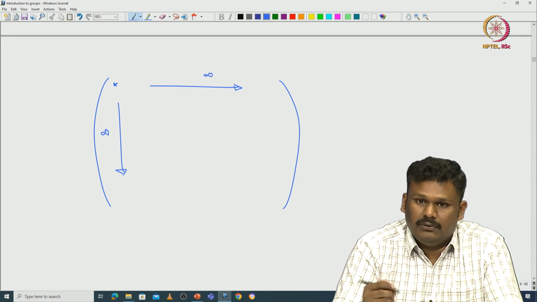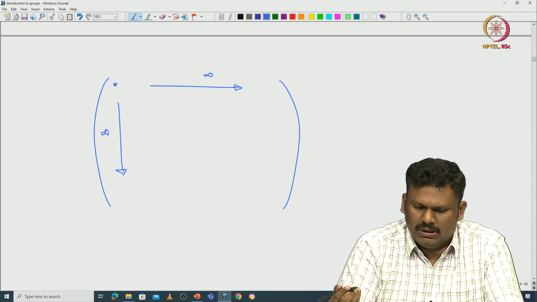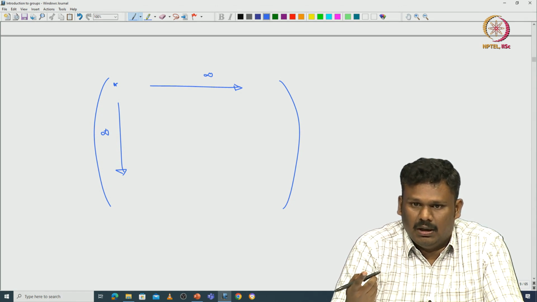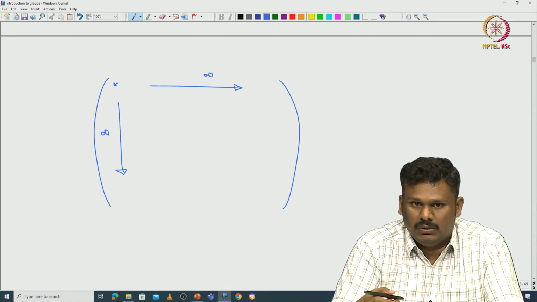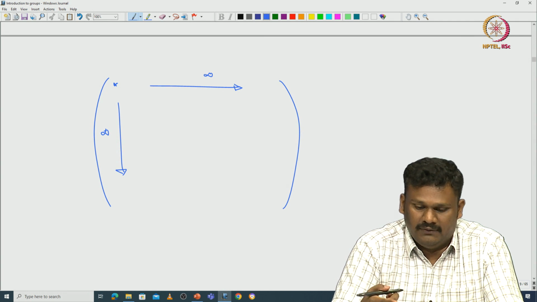We can just define them indexed on n cross n. That is possible. The way we define addition on the finite matrices will go through here as well. That will again make that set into a group with respect to the addition that we have defined.